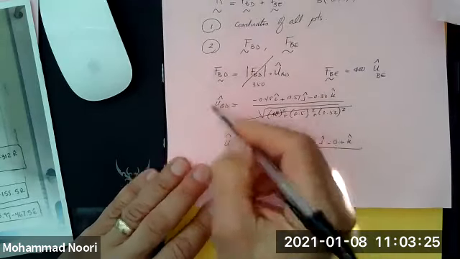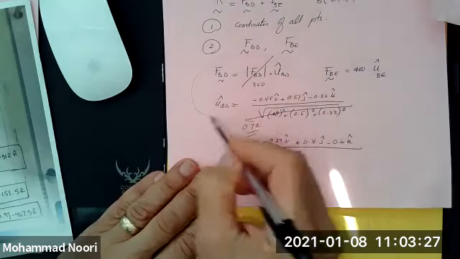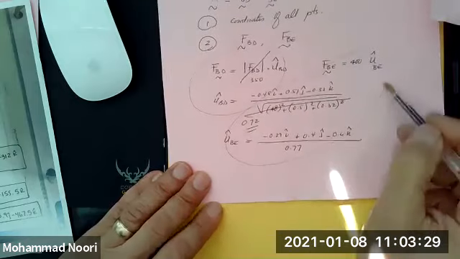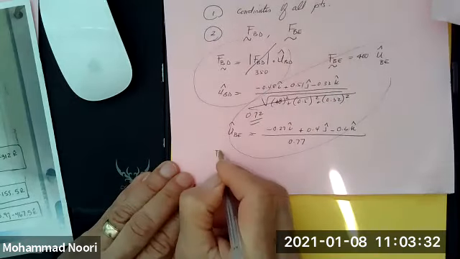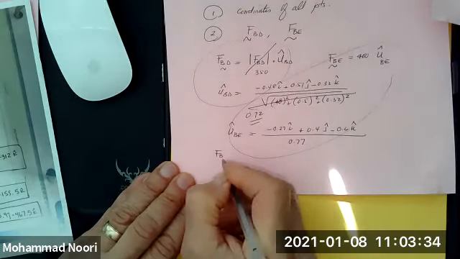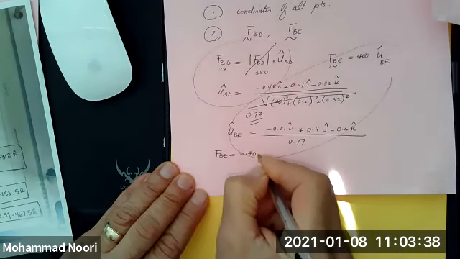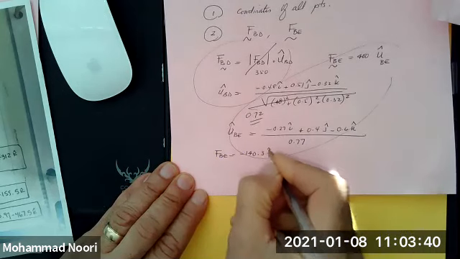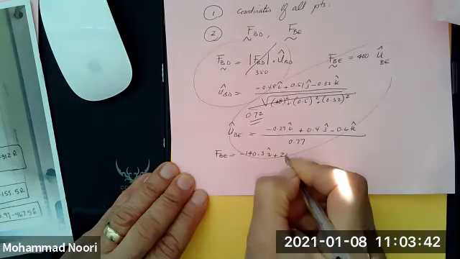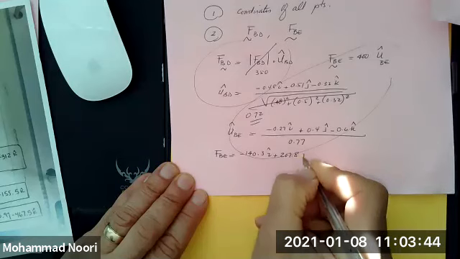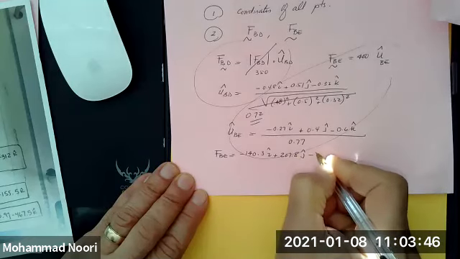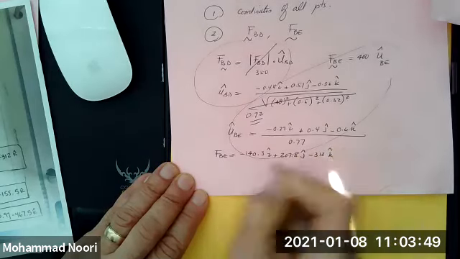So by having these, you can simply write the corresponding vector equations. Force in BE comes out to be negative 140.3 I plus 207.8 J, negative 312 K.